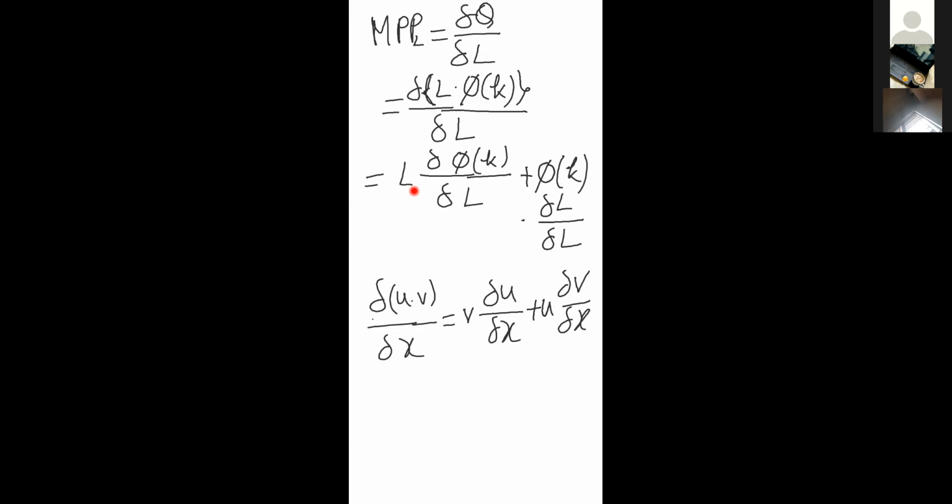If you denote L as U, then here is U into del V by del X. This is plus, so no problem which term you write earlier. So here is L into del phi divided by del L plus phi of small k into del L by del L.